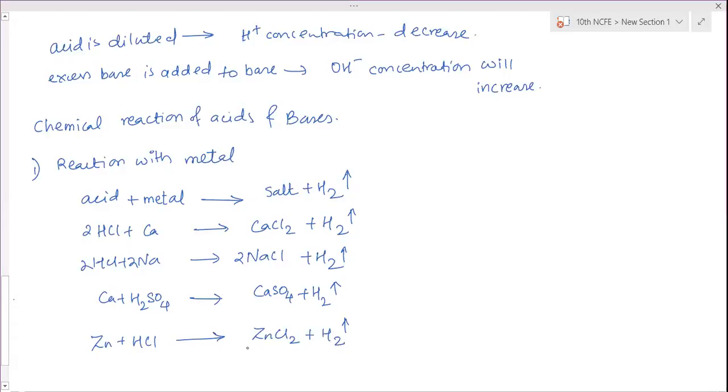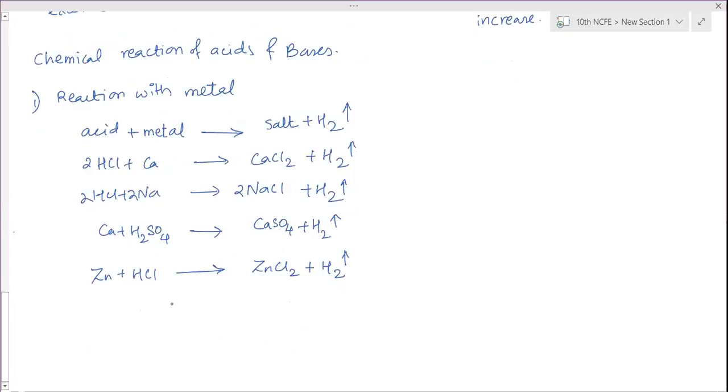What happens with nitric acid? In the case of nitric acid, water is formed instead of hydrogen gas. Reason?